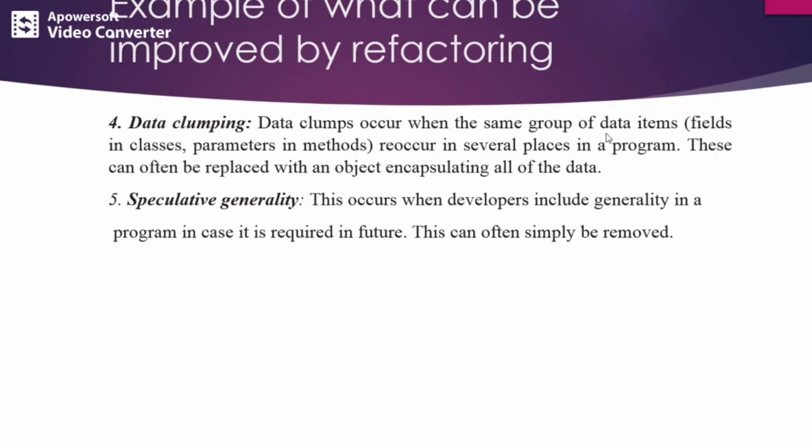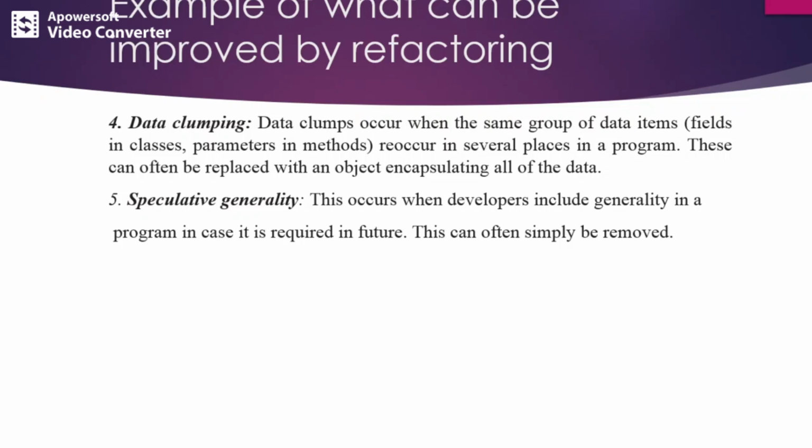Keep in mind, when I say data, it is fields or parameters. So data clumps occur when the same group of data items reoccur in several places in a program. So the same group of data items, like fields or parameters, are occurring in several different places in your program.